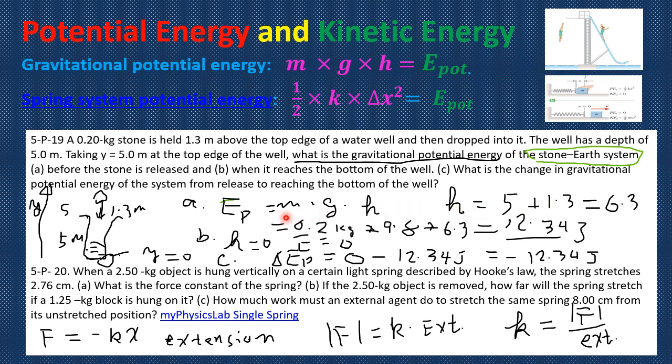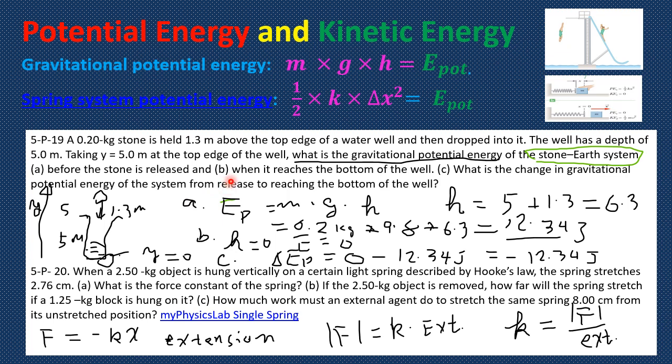Plug in the formula mgh, the formula for gravitational potential energy with this zero point. Multiply this out and you get 153.1 joules. This means the stone held there, the total system, has this much potential energy, which means gravity will potentially do work if you let it go. So that's the answer for A.